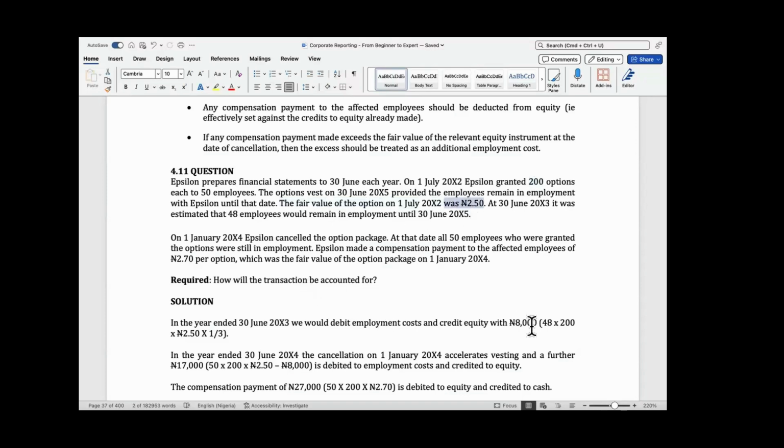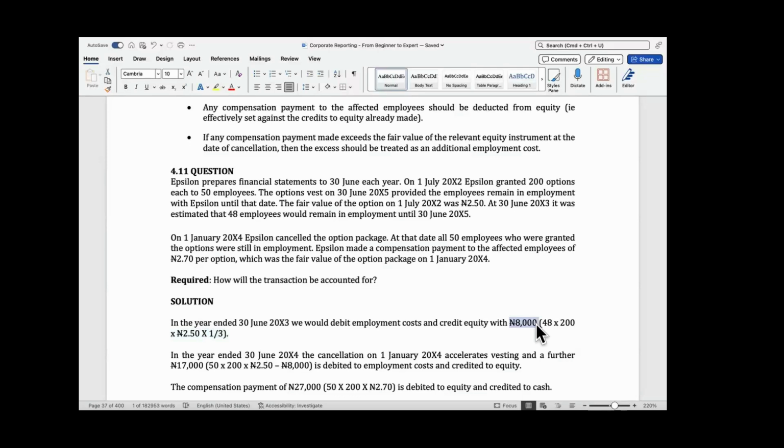So 48 times 200 times 2 naira 50 kobo, and whatever you get, you then multiply by 1/3, because we are only recognizing a portion of it for year one. That gave us 8,000. So 8,000 we recognize in year one by debiting staff costs and crediting equity.